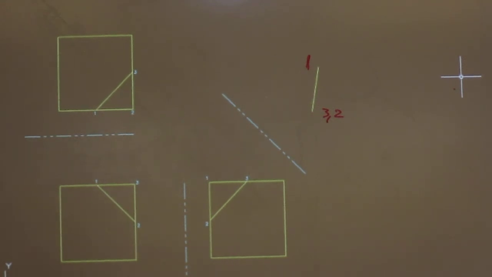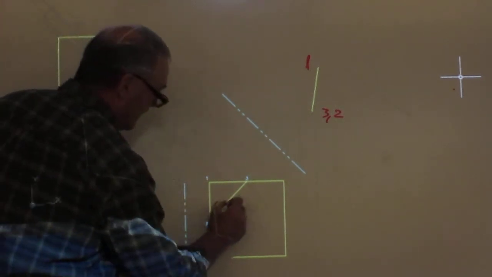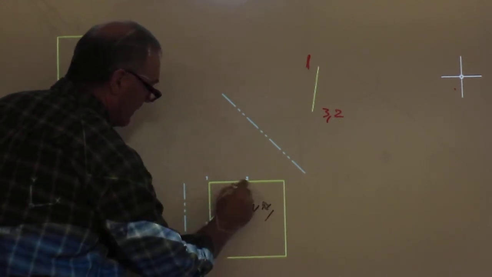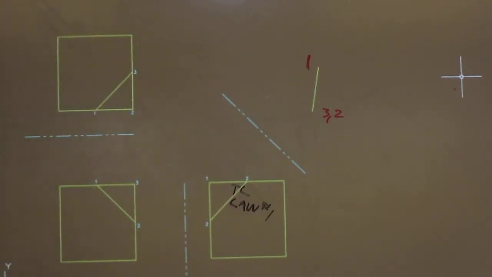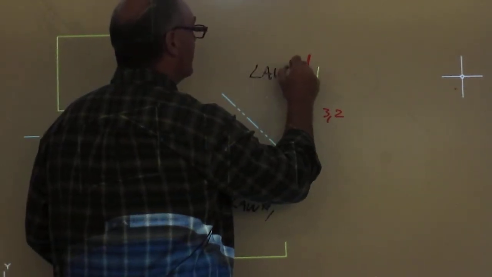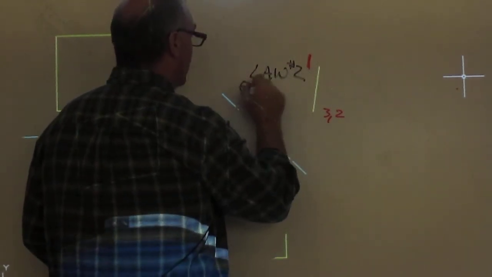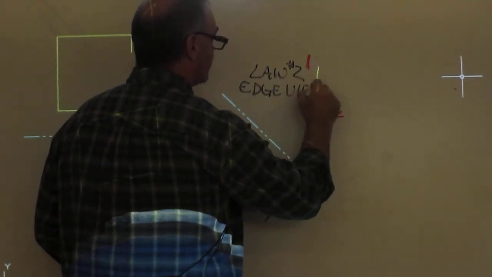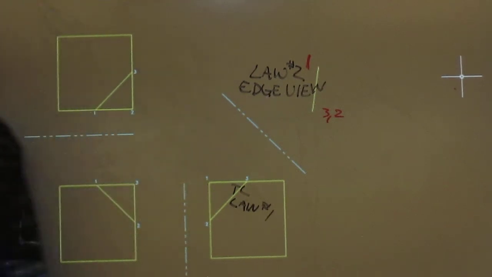Okay, so we've applied law one, we did right on the object, right? So there was law one. That gave us true length, correct? We just applied law two, which is my edge view law. Okay.